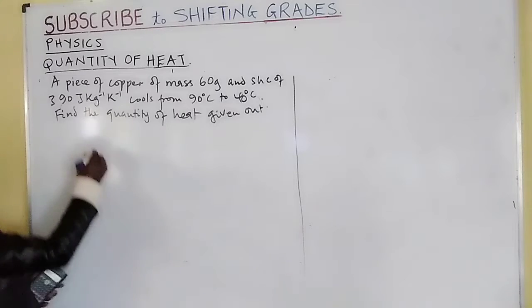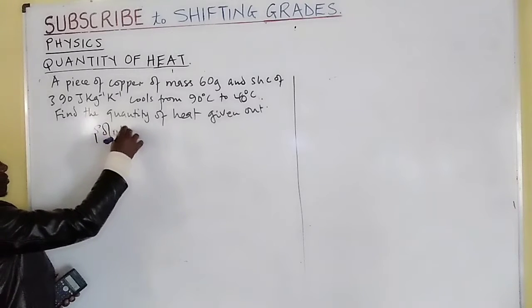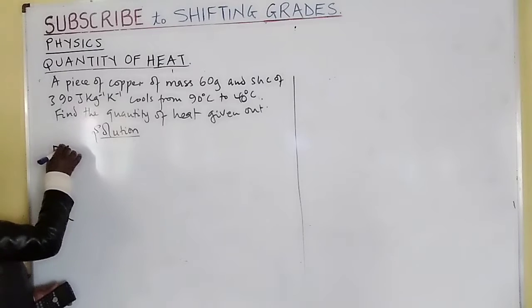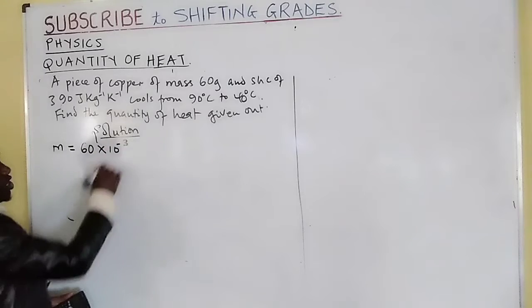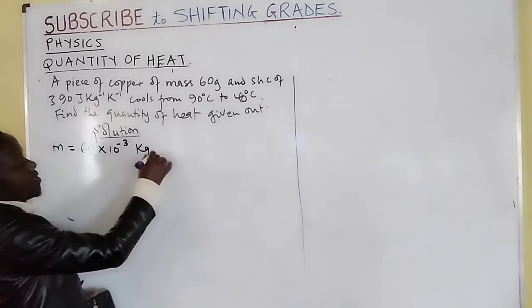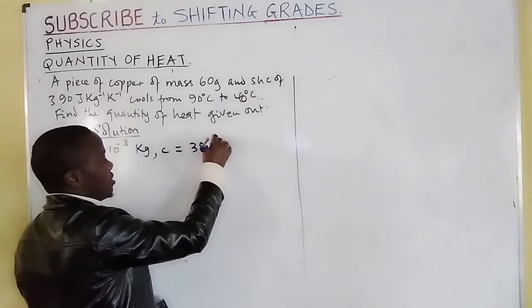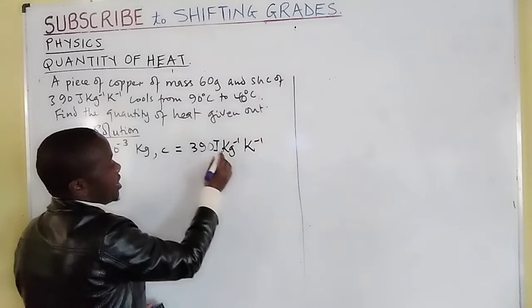So in this case, the quantity of heat given out. We have mass here as 60 grams. Therefore, we can divide it by 1,000 to make it kilograms. We also have specific heat capacity as 390 joules per kilogram per Kelvin.